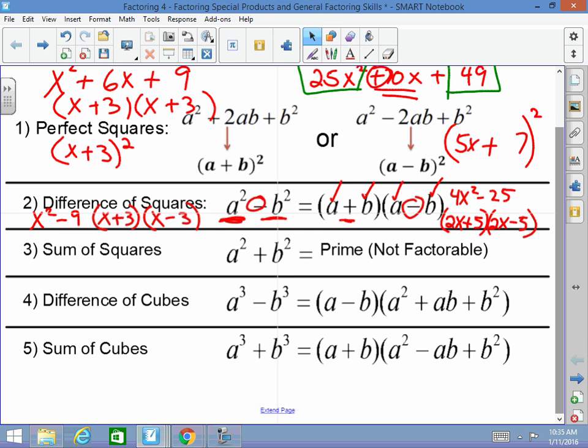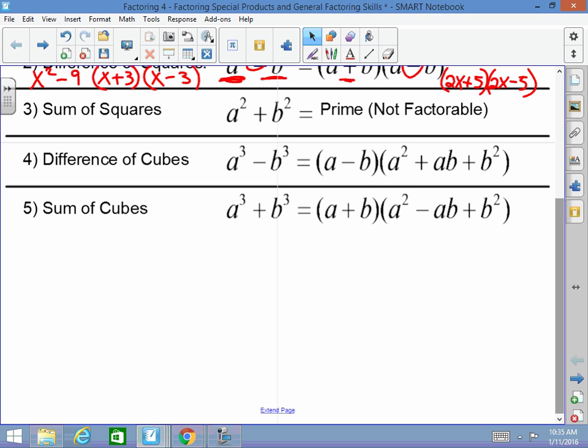So we move on. The last 2, difference of cubes and a sum of cubes. These you have to memorize. Okay? There's no choice here. The good news is that they're almost identical formulas.